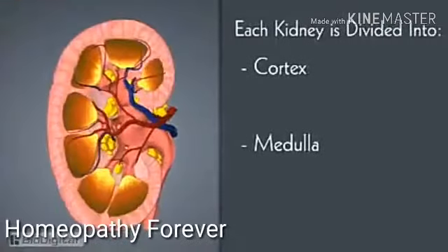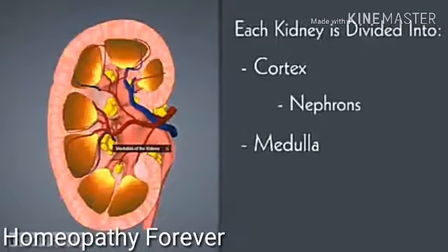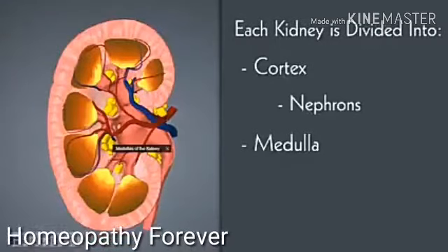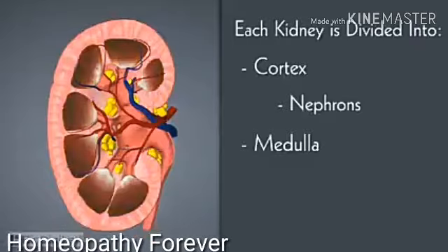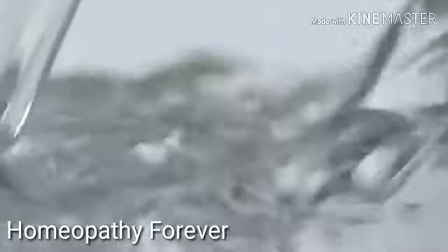Each kidney is divided into the cortex and medulla. Inside the cortex of both kidneys are thousands of microscopic filtering units called nephrons. And remember, it's important to drink lots of water in order for the kidneys and the urinary system to continue to function properly.